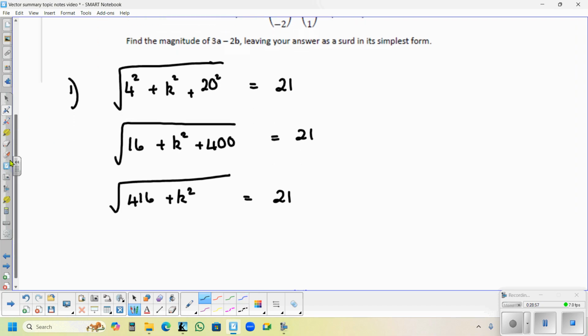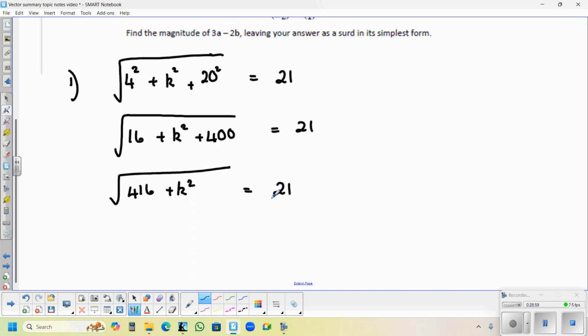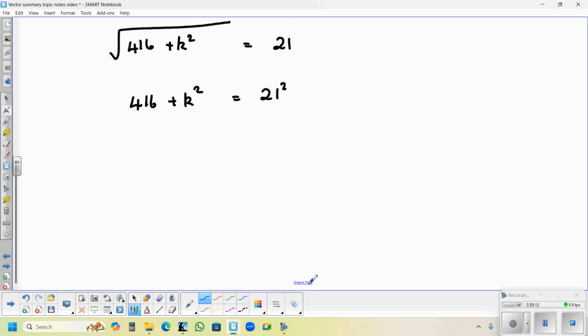What's the opposite of a square root? It's the square. So if I square both sides here, then that square root disappears and I get 416 plus k squared, and that's equal to 21 squared. Now 21 squared I can work out, so 21 squared turns out to be 441. So I've got 416 plus k squared is equal to 441.